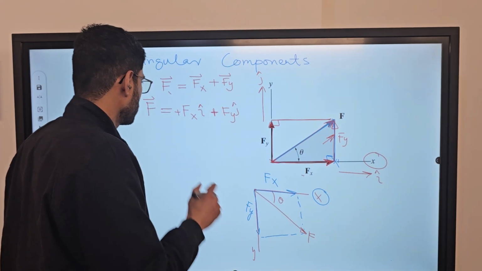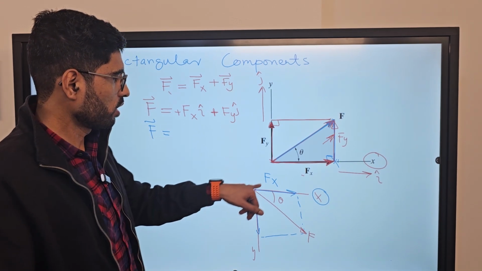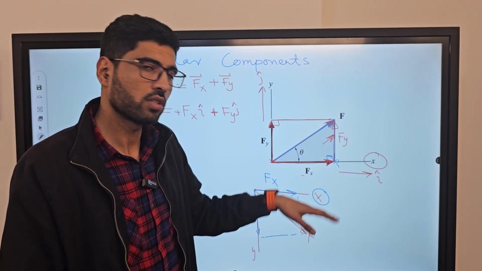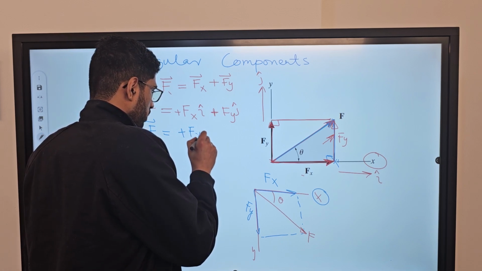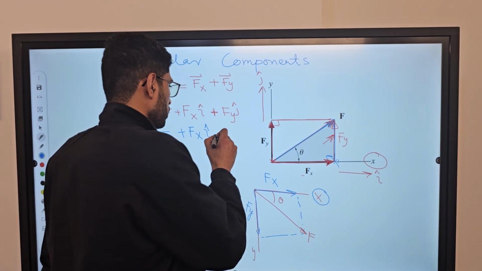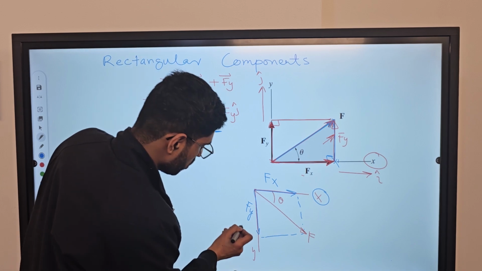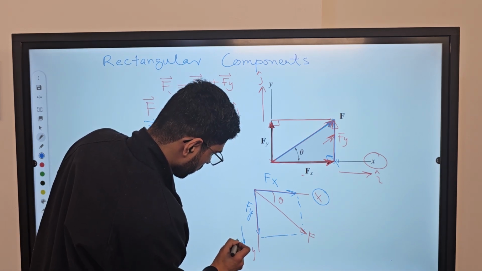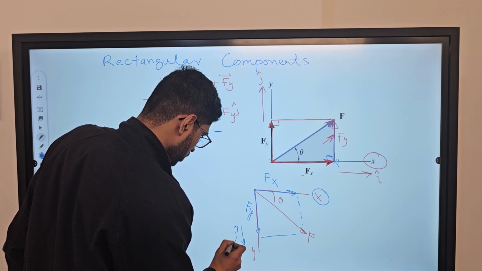So then in that case, if this is f of x and this is f of y, we say that this force F is equal to, now the x component is in the positive x, so this is plus f of x I and f of y is in the negative y, so this is minus, since this f of y is now acting in the negative j direction.